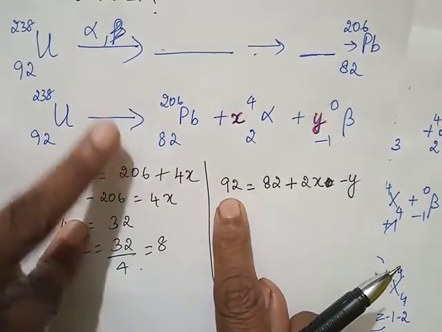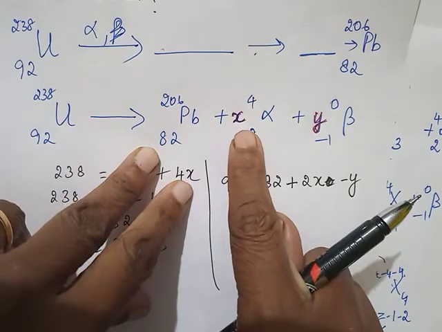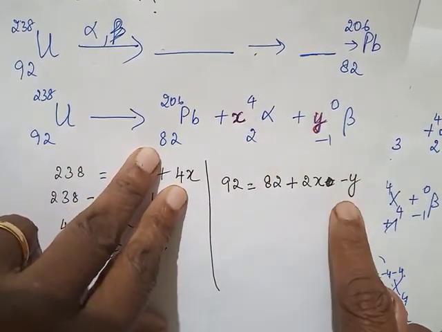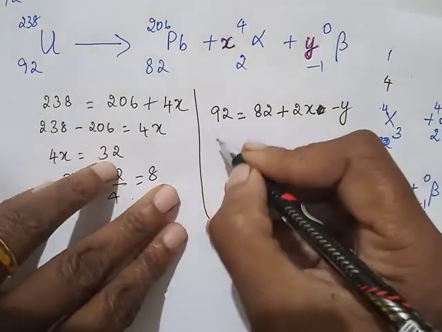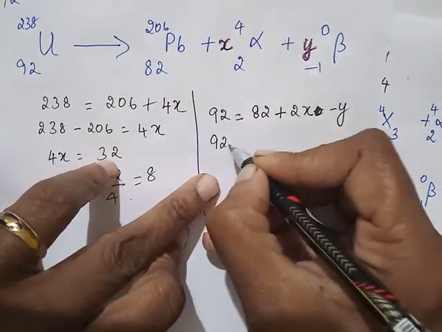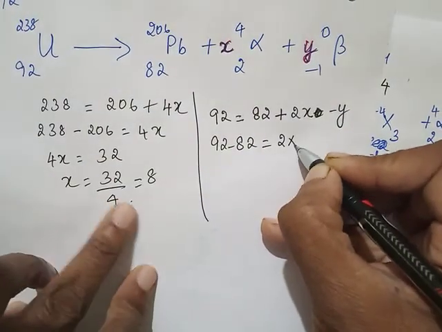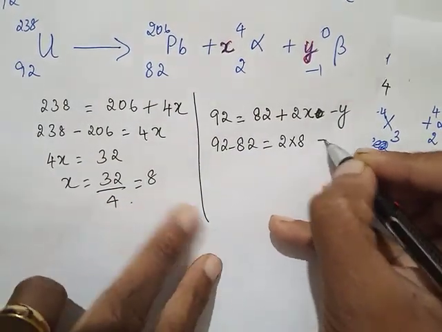Now let's solve it. 92 minus 82 is equal to 2 into 8, since you have already found the X value, minus Y.